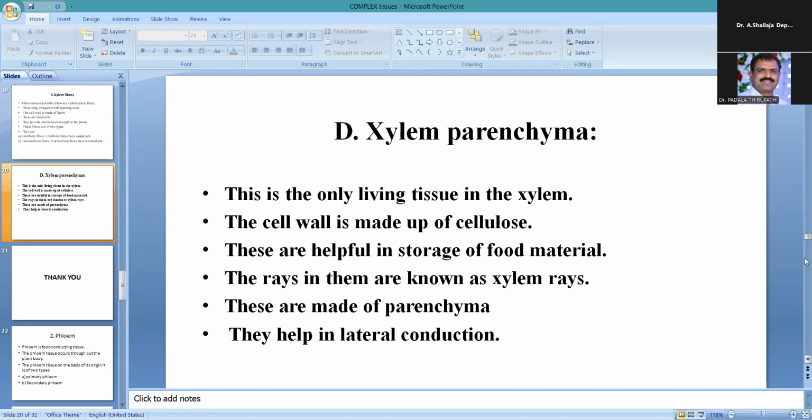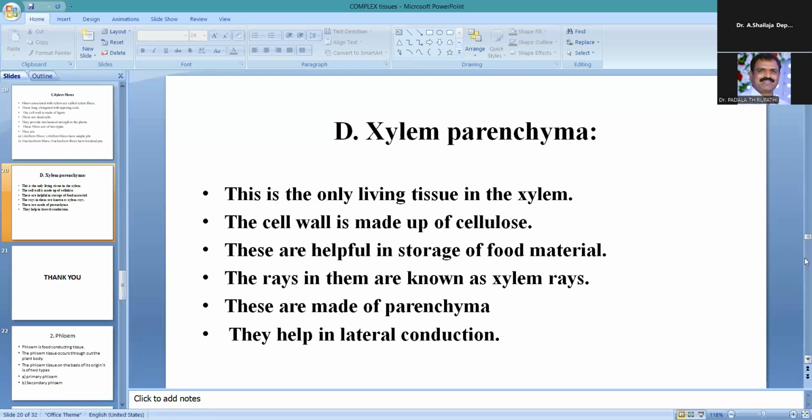The parenchymatous cells associated with the xylem are called xylem parenchyma or wood parenchyma. In the primary xylem, parenchyma forms a major part in which vessels are scattered. In the secondary xylem, two types of parenchyma cells occur: axial or wood parenchyma and ray parenchyma.